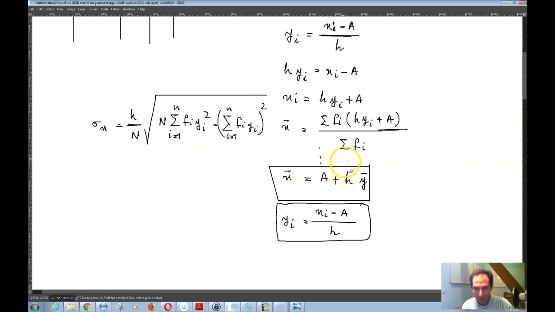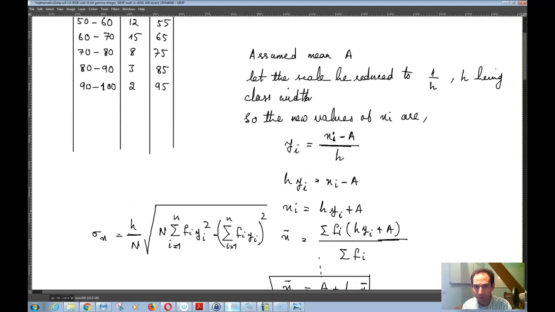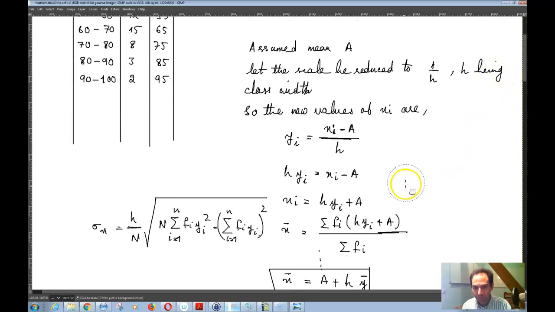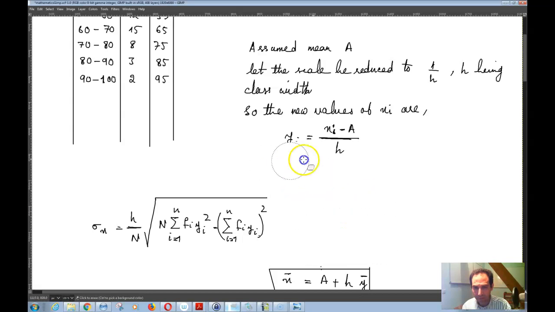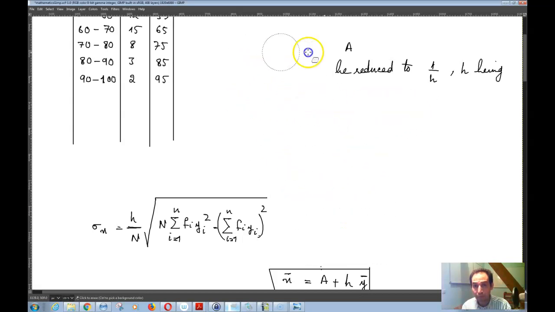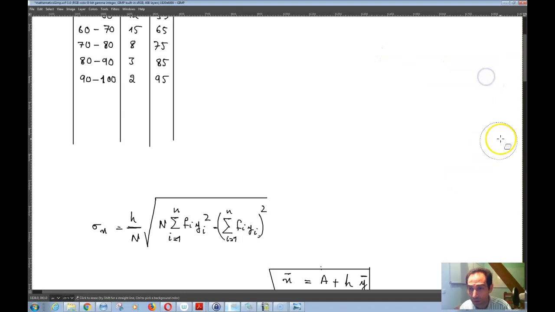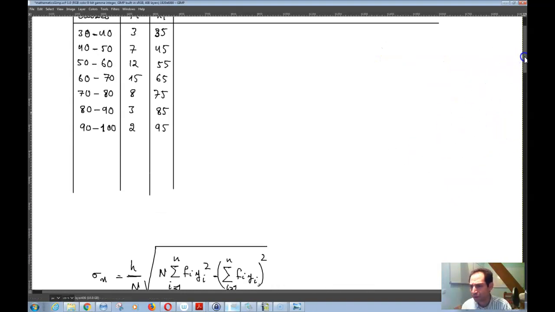So now I keep these two formulas and erase the rest of the things, because we are going to need this space over here.